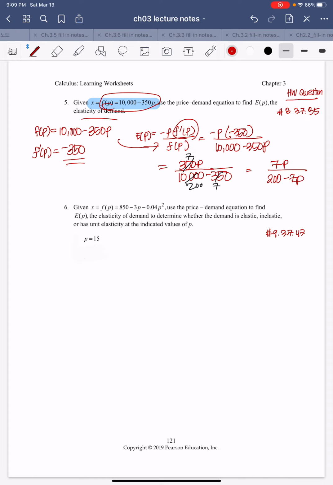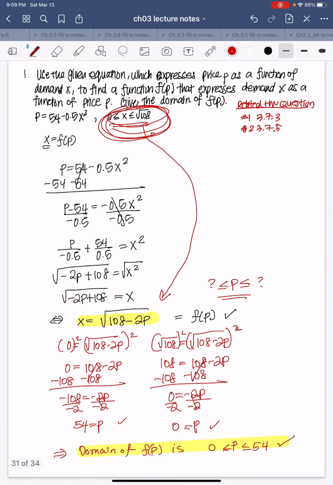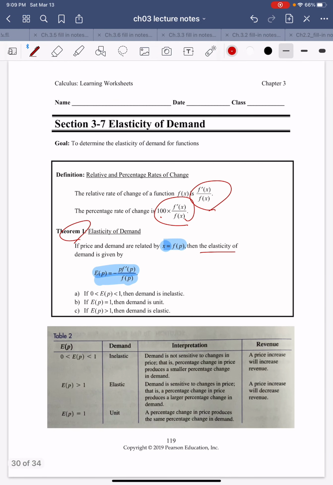That's your E sub p. This is the equation of elasticity of the demand function.